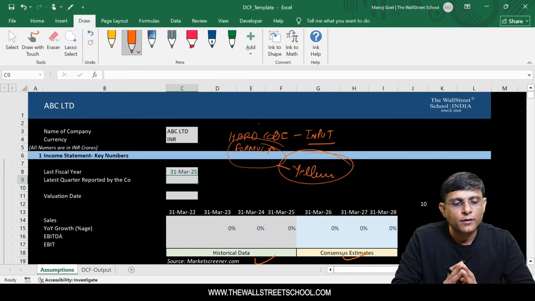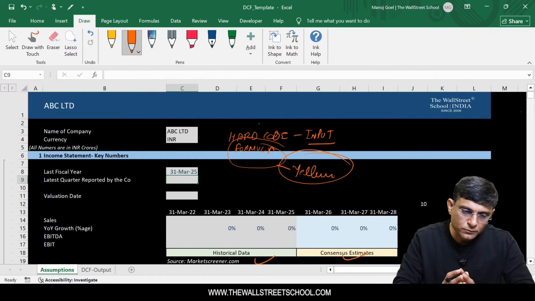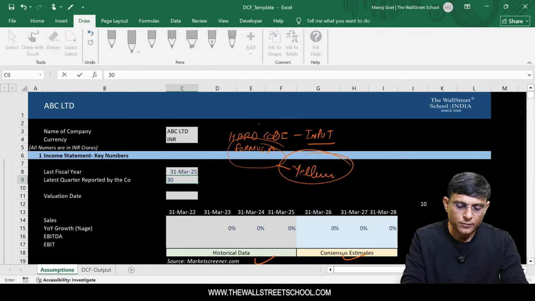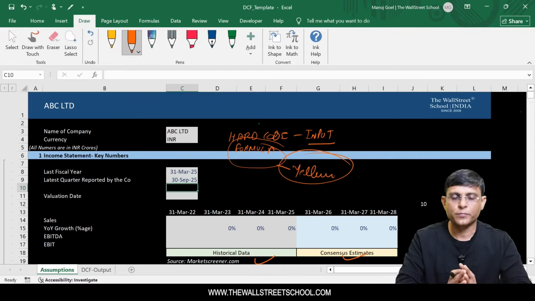Now the latest quarterly numbers reported by the company. After reporting the complete year, most companies have already reported September 2025 numbers. We are in December now, and December filings are still not out because they will start coming out from January. So the last quarterly numbers reported by the company are for 30th September 2025.